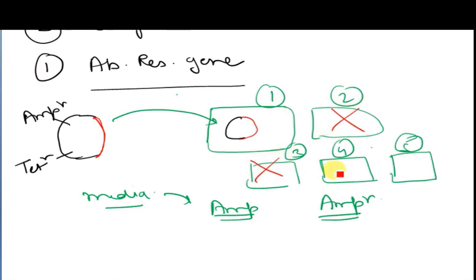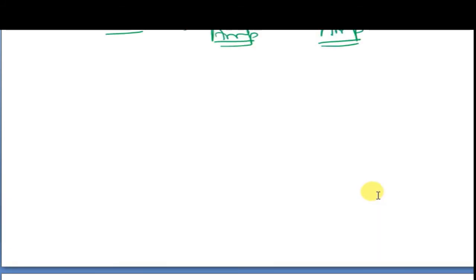This would die, this would die, this would die, this would die. Why? Because only this has been transformed and all the others were not able to be transformed. So this was how the antibiotic resistance gene can be used for screening, right? Now let us understand the screening through the enzyme method.